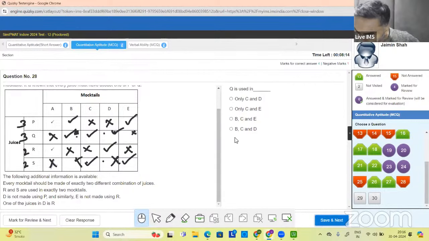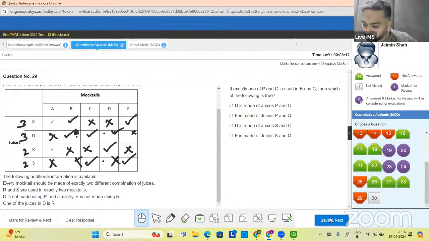BCD. If exactly one of P and Q is used in B and C, then which of the following is true? So if exactly one of them is used in, तो क्या होगा?